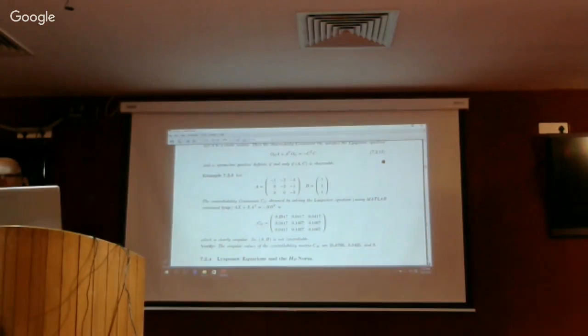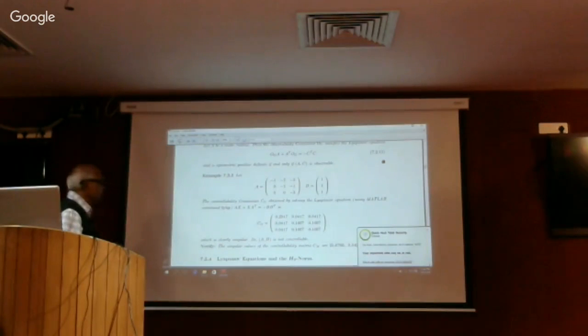So now in order to see if the pair (A, B) is controllable, what we can do is solve this Lyapunov matrix equation. And for the solution, there is a MATLAB command called lyap, L-Y-A-P, that solves the Lyapunov matrix equation. But how it is done, we'll learn about it later.